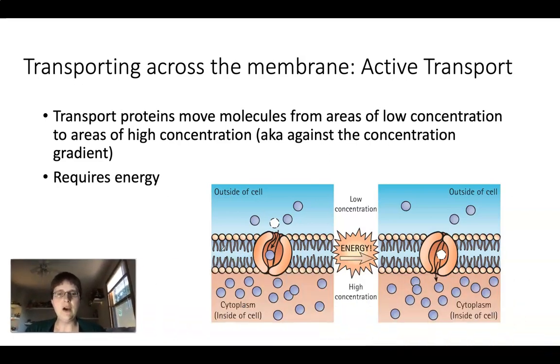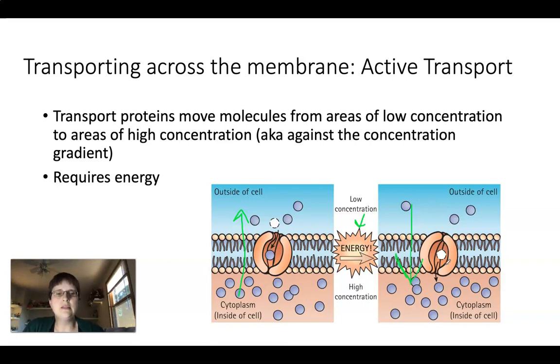So let's take a look at what this looks like. You can see we've got a transport protein, similar to what we saw with facilitated diffusion. But now we've got a high concentration on the inside of the cell, a low concentration on the outside of the cell. Normally, these guys want to go this way, okay? But we're going to put in energy and we're going to move them this way.